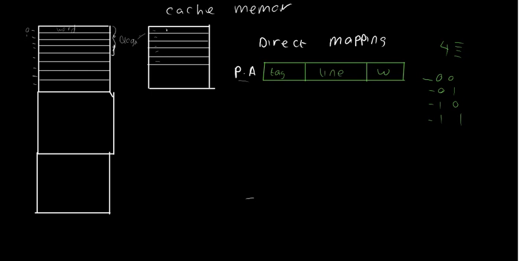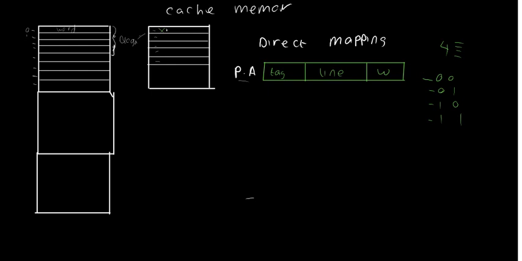These tags are used to show which part of memory we're from, because remember, multiple blocks can lay claim to a line in our cache, right? So we need to identify where this block has come from. So I'm basically saying, okay, you came from the first part of memory, this one came from the nth part of memory, the jth part of memory, etc. That's what the tag is used for.